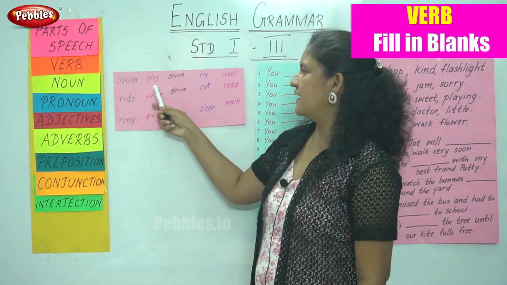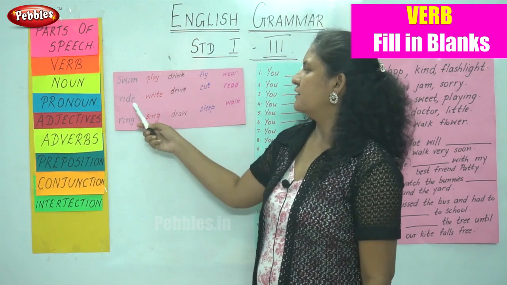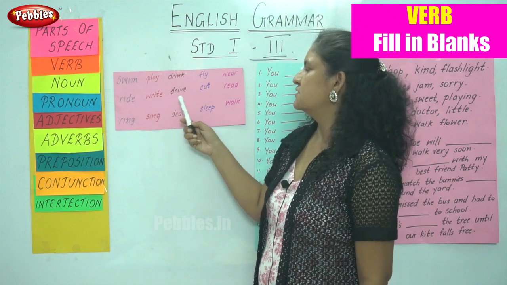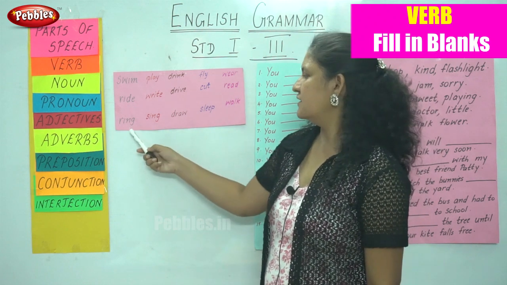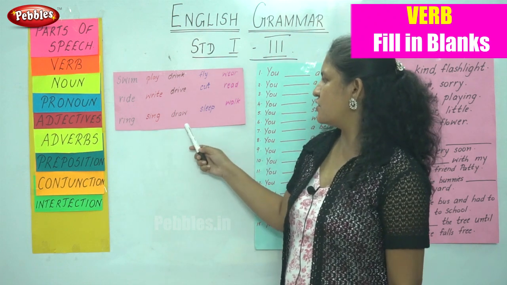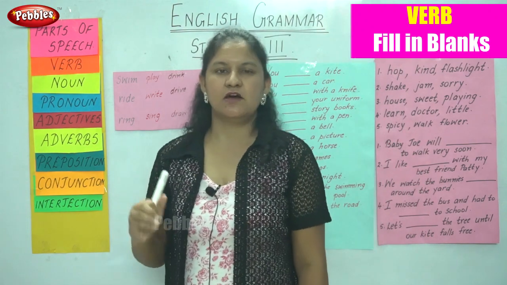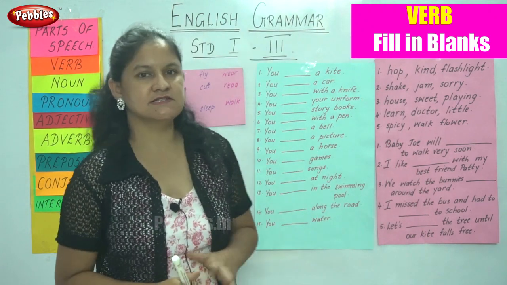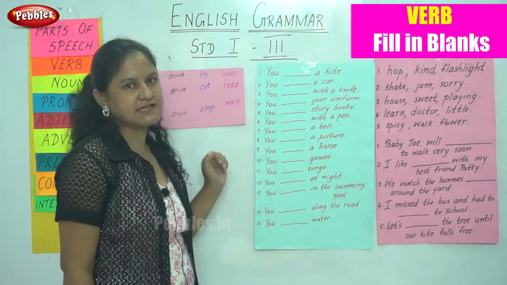Swim, play, drink, fly, wear, ride, write, drive, cut, read, ring, sing, draw, sleep, walk. So these are all the verbs. Now as we are reading the sentences, we'll check out which verb will be appropriate for which sentence.